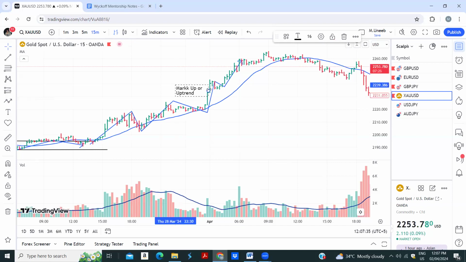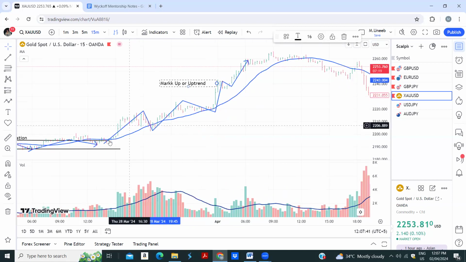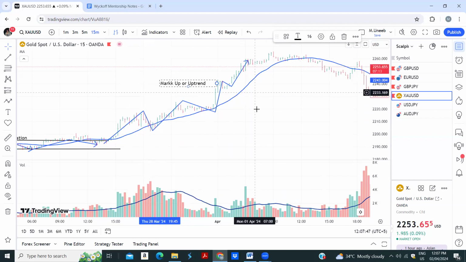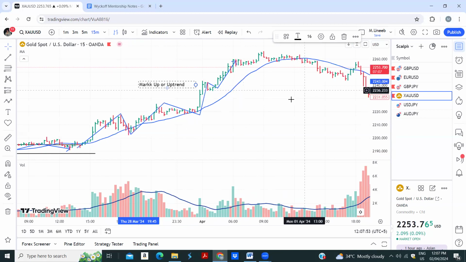As we know, during this stage, you can see that the price is moving up and the buying pressure is more than the selling pressure. So we can say that the demand is greater than the supply. So the price is moving up.